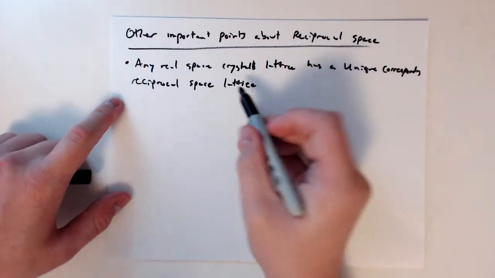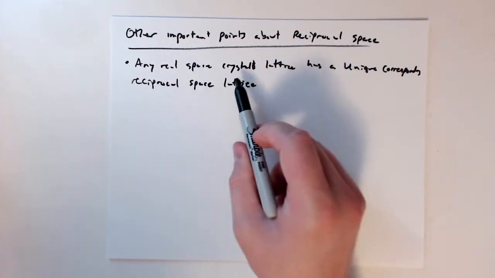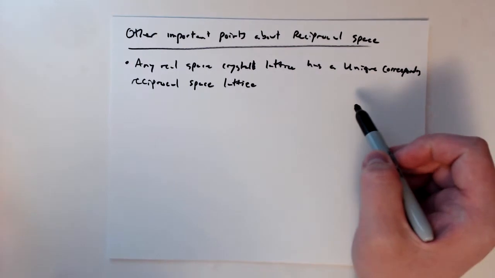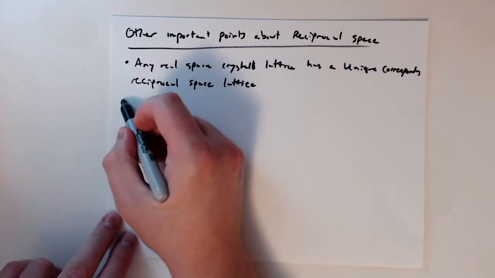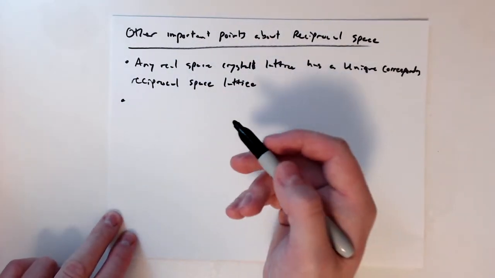So if I can think of a real space lattice, then I can make a reciprocal space lattice out of it, right? I hope that was obvious at this point, but I just wanted to make sure.